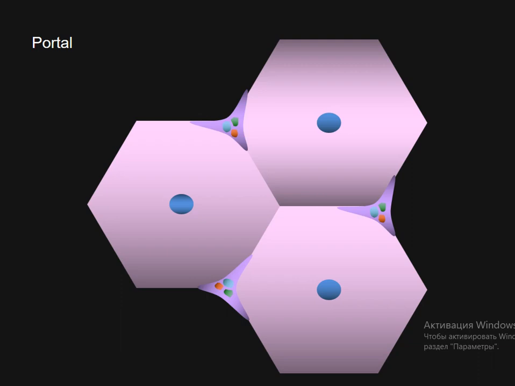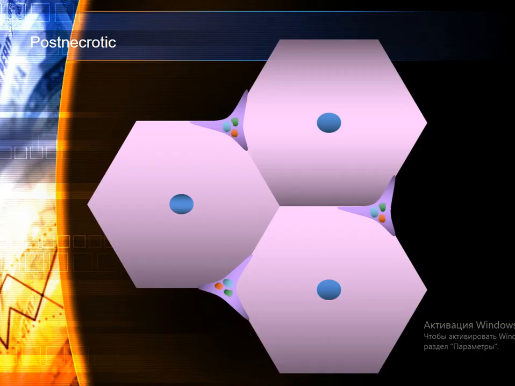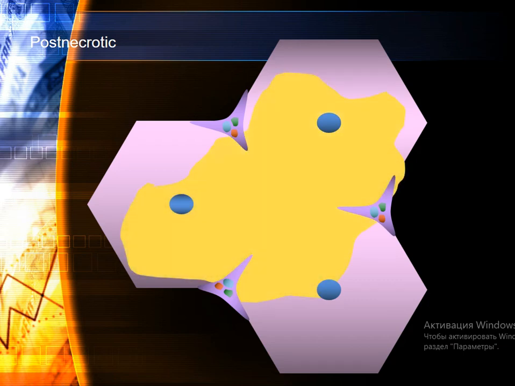In this slide you can see the scheme of portal cirrhosis formation. So, due to formation of different types of fibrotic septa, a false lobule is finally formed. In the case of post-necrotic or macronodular cirrhosis, we will see a slightly different mechanism of formation.